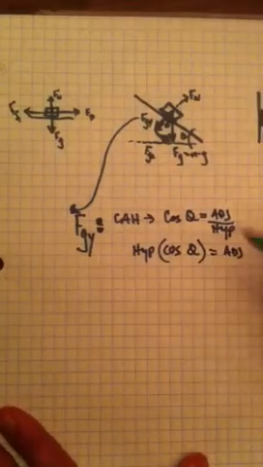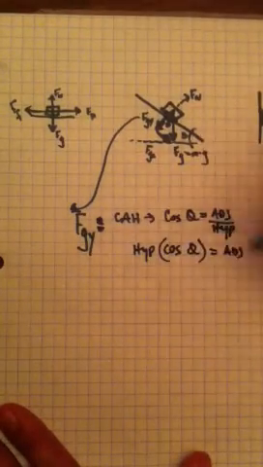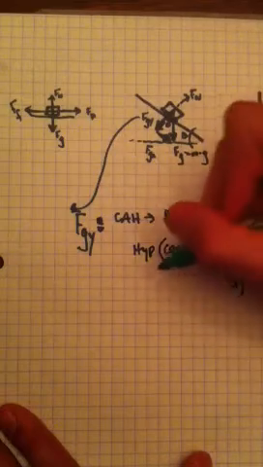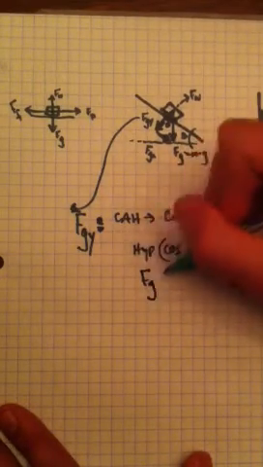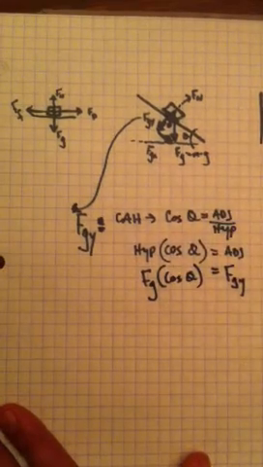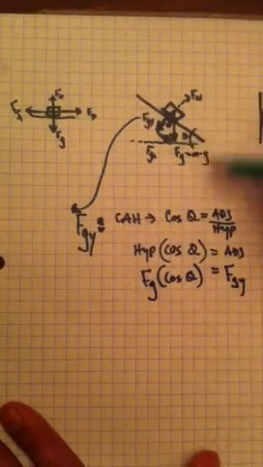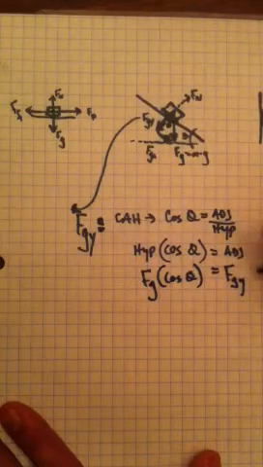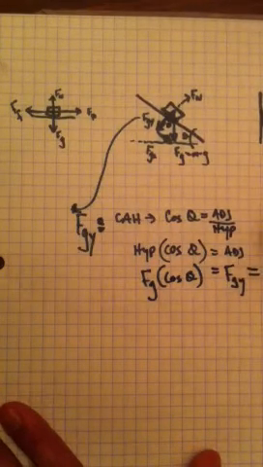If I were to now use the symbols that I'm using up here, FGY is equal to the force of gravity times the cosine of theta. You can plug in your numbers for your angle and for your weight, and you can solve for this component. This component will be equal to your normal force.